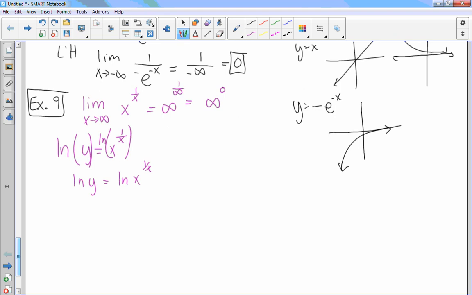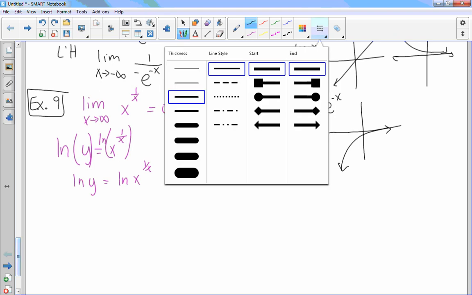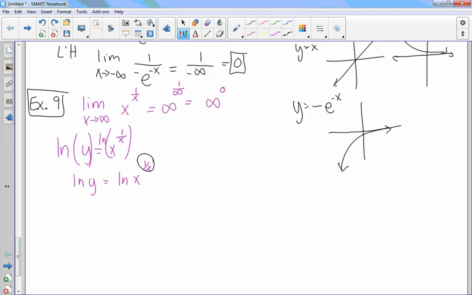How does the power rule help us here? What is the power rule of natural logs? This power gets multiplied in front. So we have 1 over x times natural log x equals natural log y.